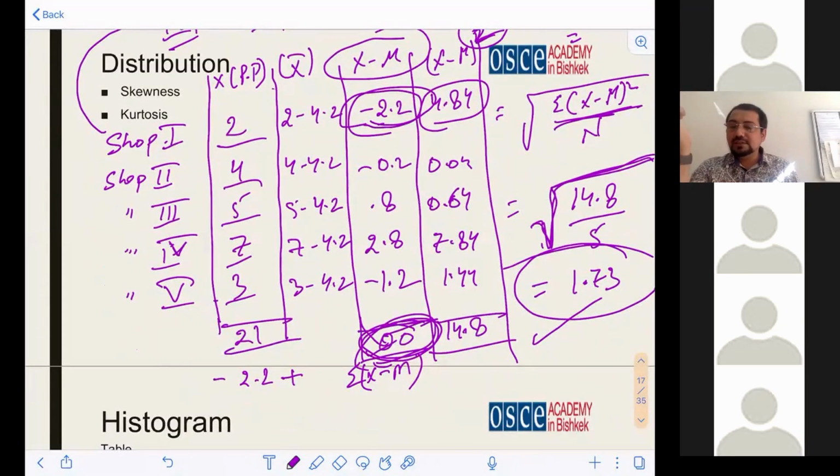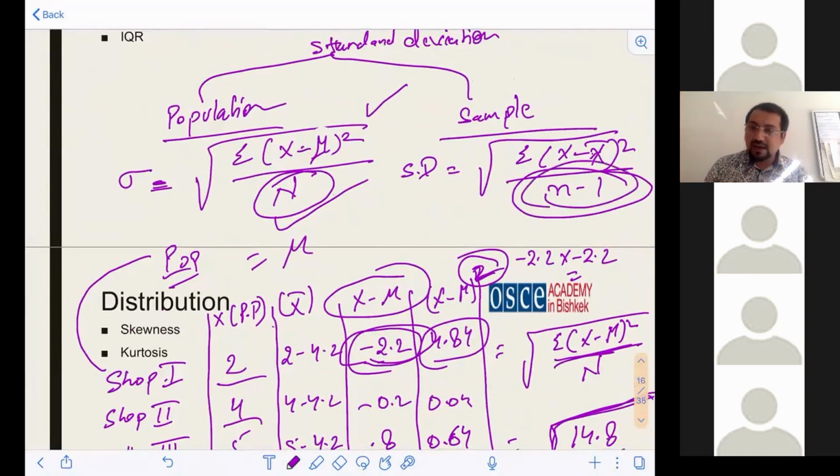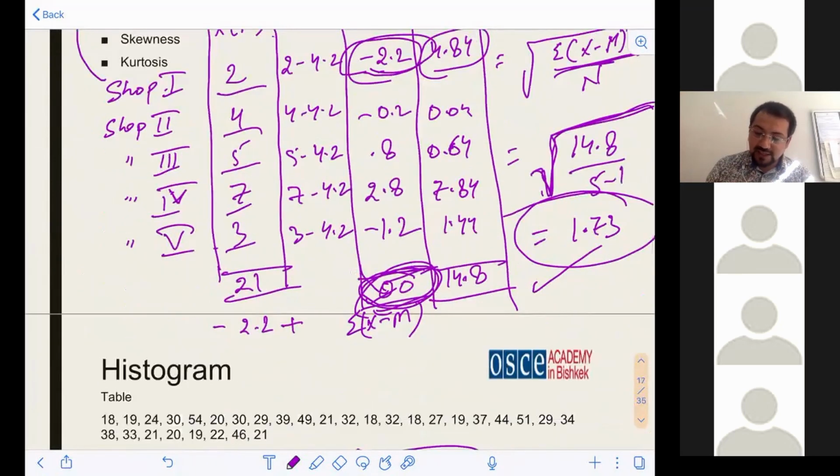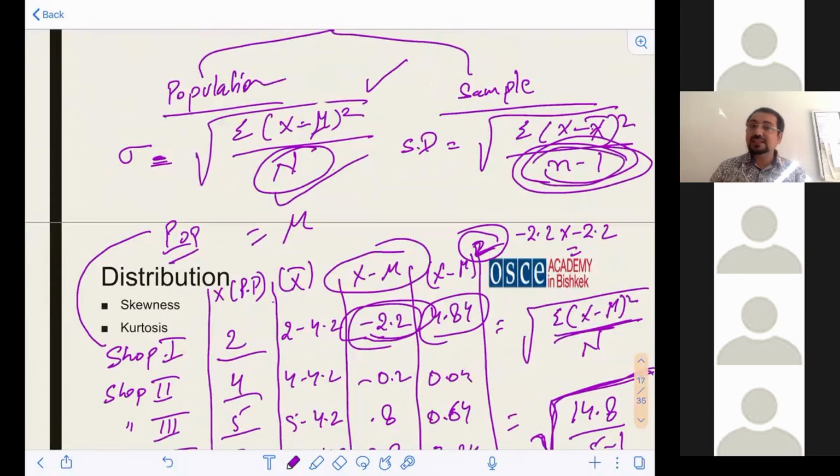What if we have a sample? In case of a sample, we use n minus 1. So in case of a sample, it would be 5 minus 1, and it would be the same formula but divided by 4. Divided by 4, right or not? Now you may ask me why we have put n minus 1.